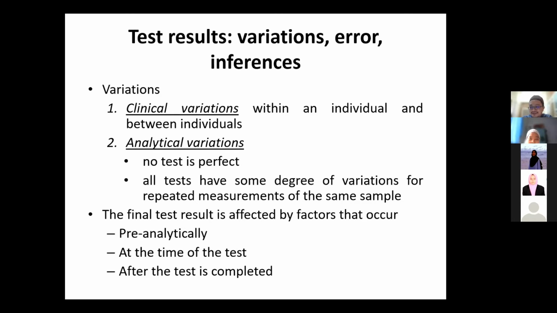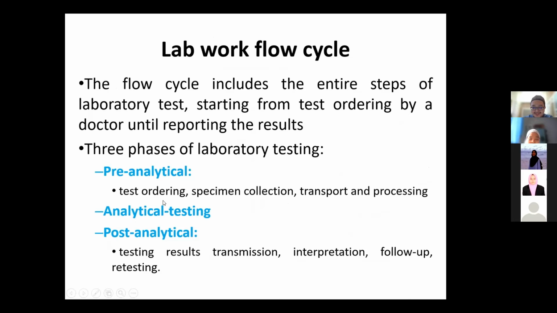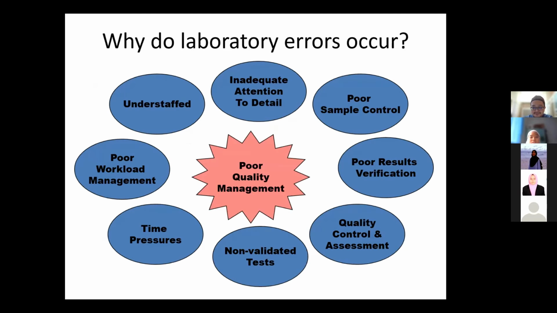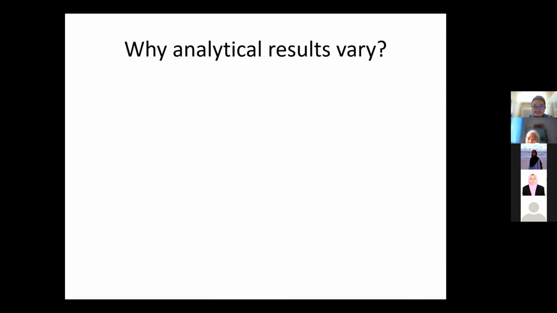Saya ada cakap awal-awal tadi, some other things lah. Tengok balik. Kat sini kan ada test ordering, specimen collection. What do you think could happen? What errors? Why analytical results vary?